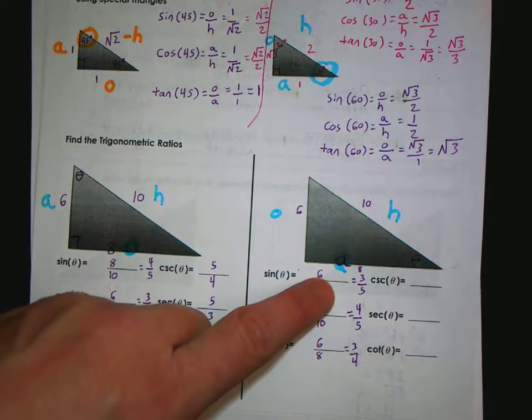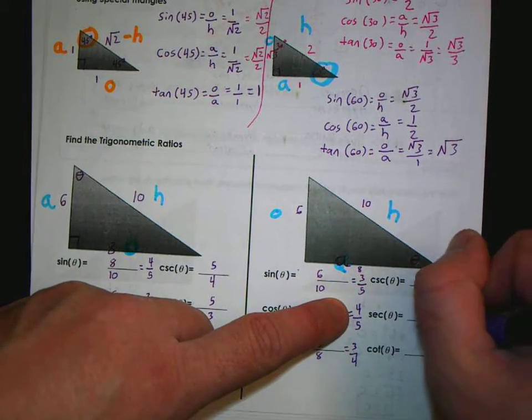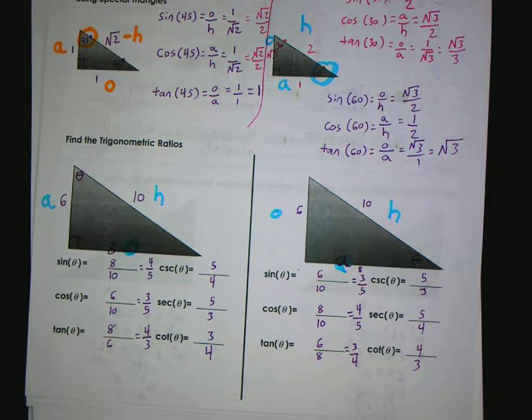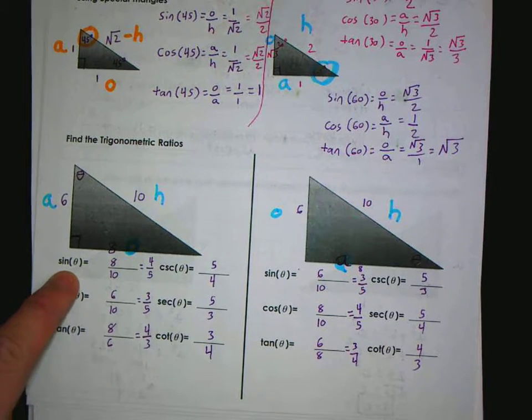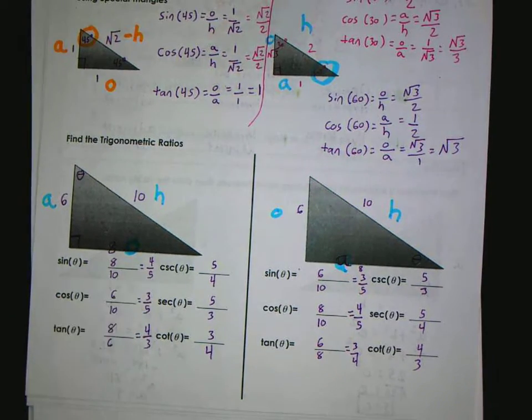And then the inverses are the reciprocal. So really, the most important skill is, can you set up trig ratios? So can you put sine of the reference angle equals the fraction and then reduce? That's really the most important thing today.